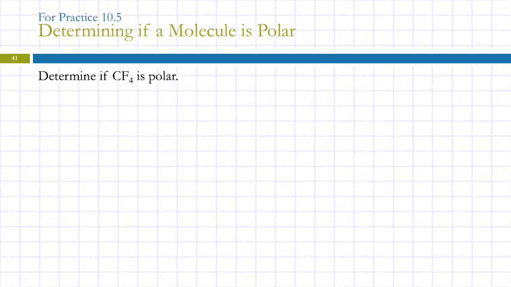So let's determine if CF4 is polar. What do we have to draw first? Lewis structure. So put the carbon in the middle, and the fluorines around it. Count up the electrons. Distribute them.